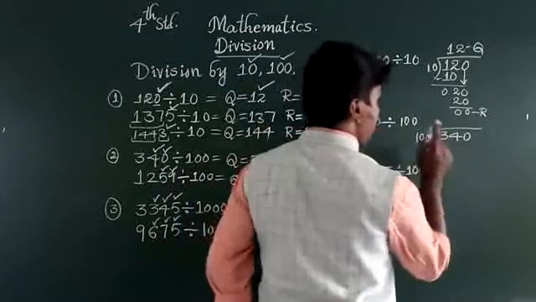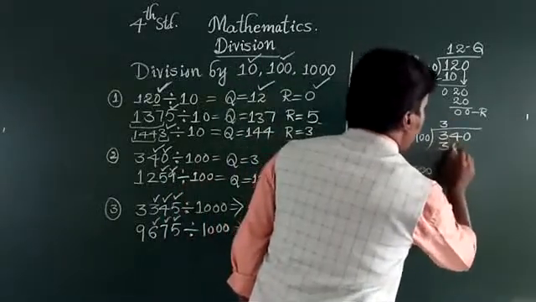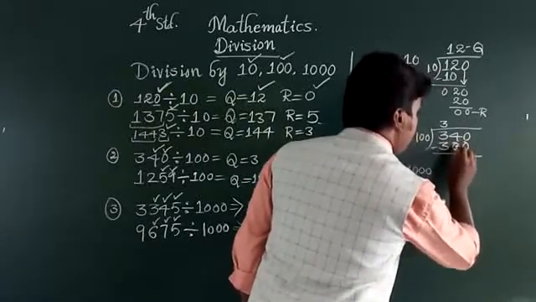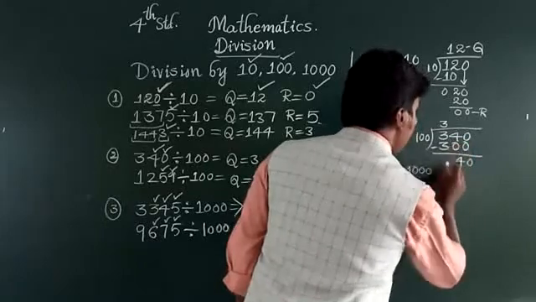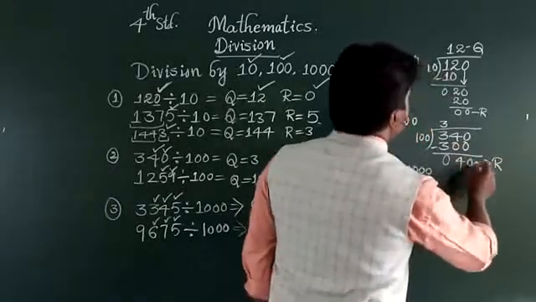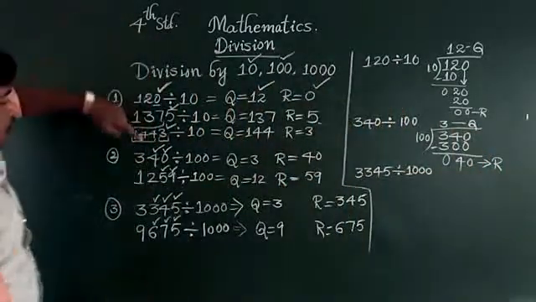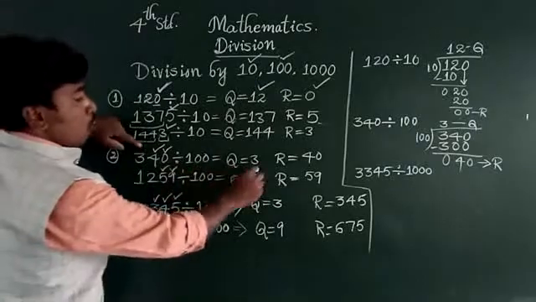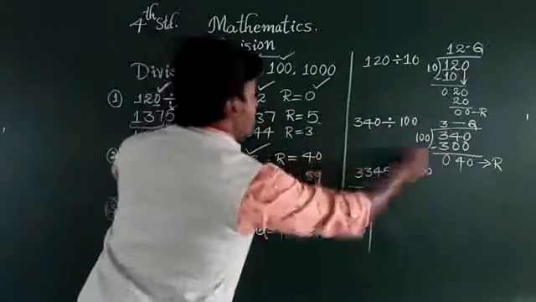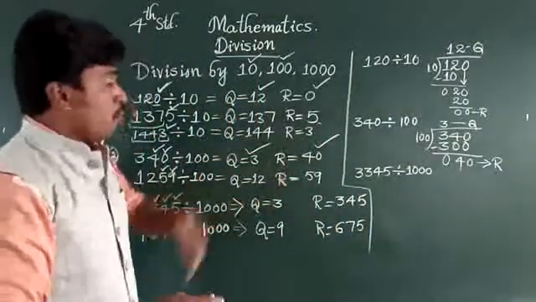So 100 ones are 100, 100 twos 200, 100 threes 300. So write it here: 0 minus 0 is 0, 4 minus 0 is 4, 3 minus 3 is 0. What is the remainder? 40 is the remainder, 3 is the quotient. Observe, dear children. Now I have taken this one. Quotient is 3 and remainder is 40. Have you got the same answer? Yes. Now you come to the last one.